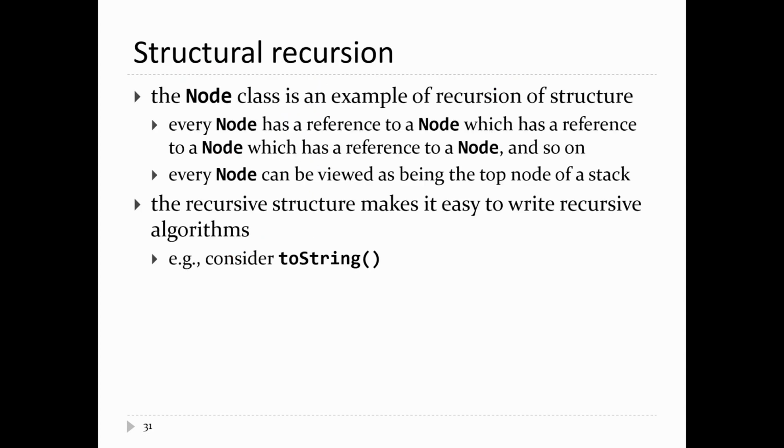Okay. Notice that in our node class, every node has a reference to another node. So that means that the node class structure is recursive. Each node has a reference to a node, that node has a reference to a node, and that node has a reference to a node, and so on and so forth.